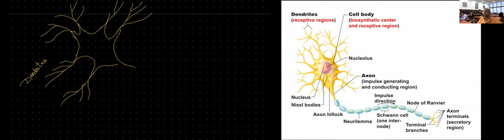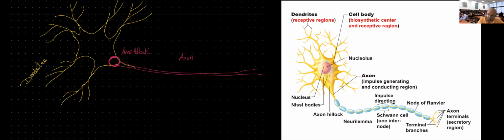Also attached to the cell body of the nerve cell, we've got a long process. We call this process the axon. And this bulging part that serves as the attachment between the cell body and the axon, we call the axon hillock.